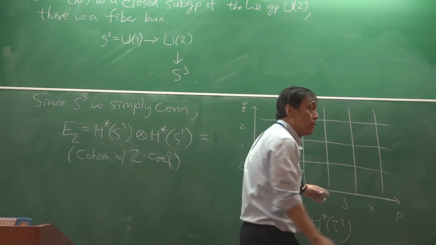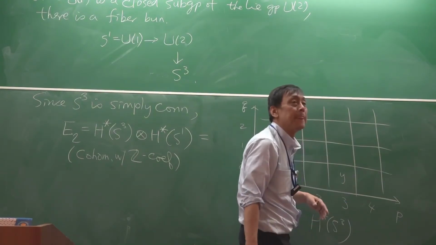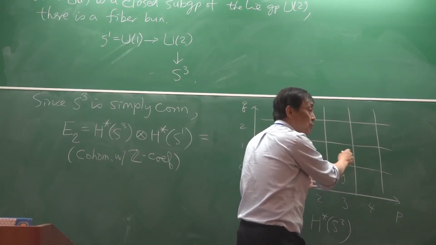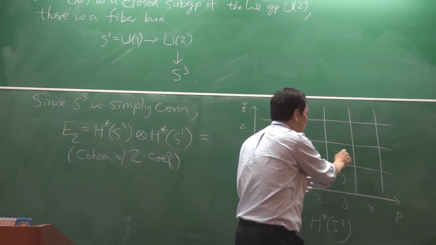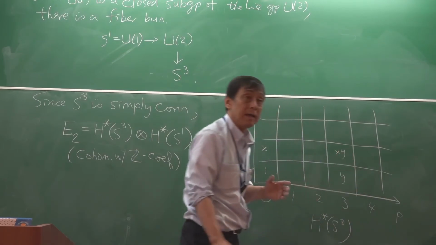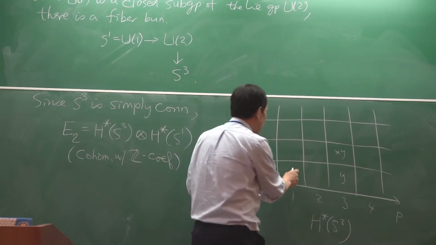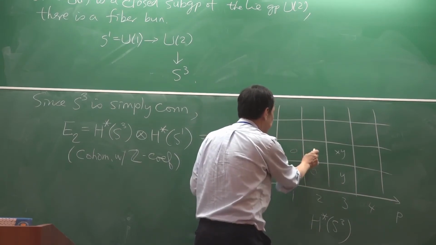And then you have a y here. And so in the tensor product, you have y tensor x, which I'm just going to write as xy. And then it's 0 here.